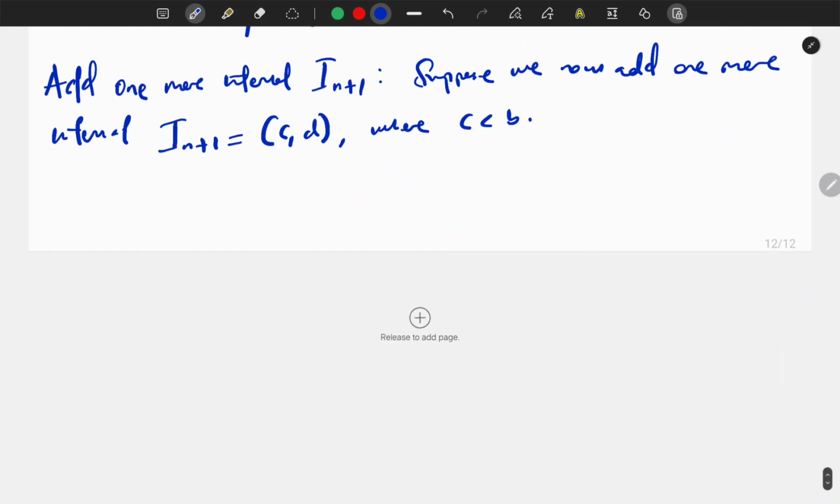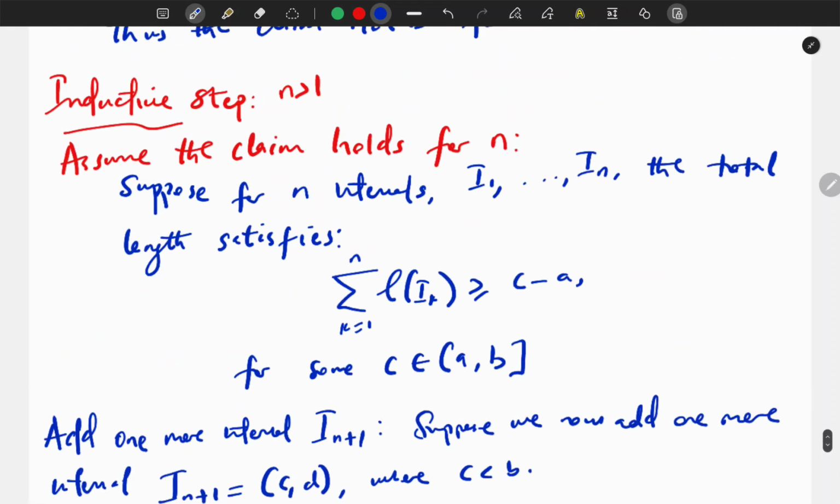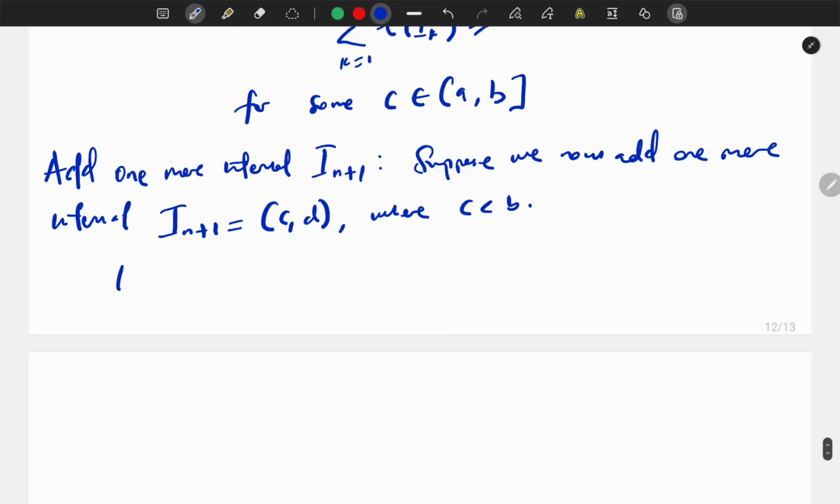Then you have that (a, b) will be a subset of the union of these guys.